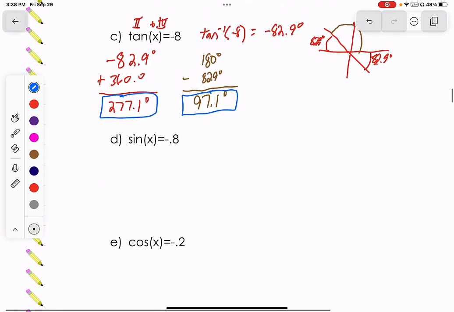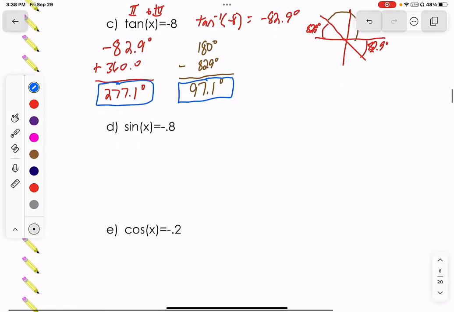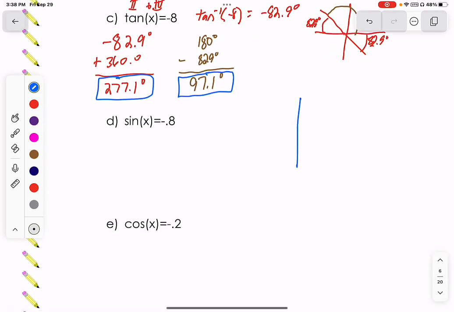Okay, let's try problem D. So problem D has a negative sign. Well, we know that negative signs are going to be either here or here. So that's in quadrant 3 and quadrant 4.